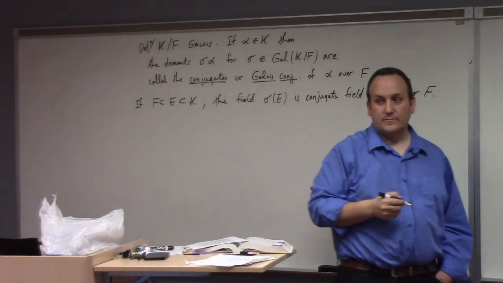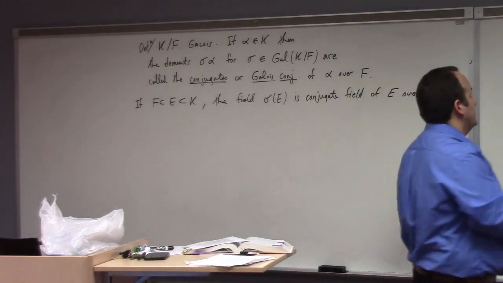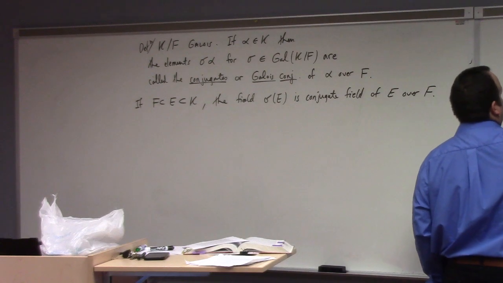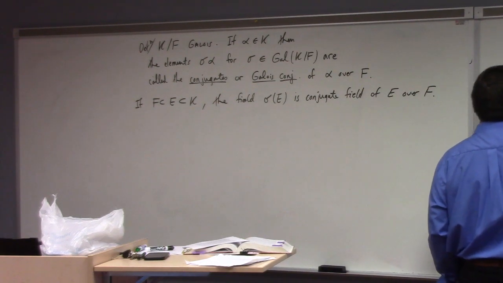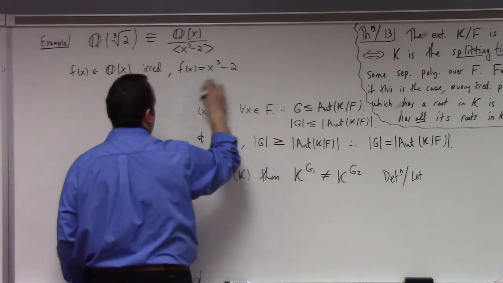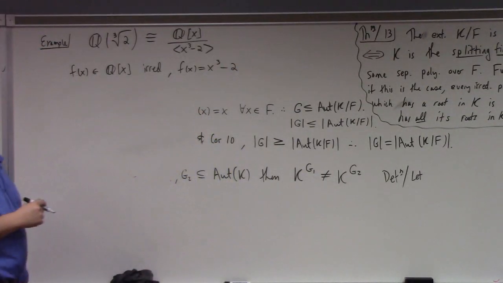That field, here we have f(x) in Q[x], irreducible. Why is it irreducible? As we've said many times, Eisenstein, p equal 2.